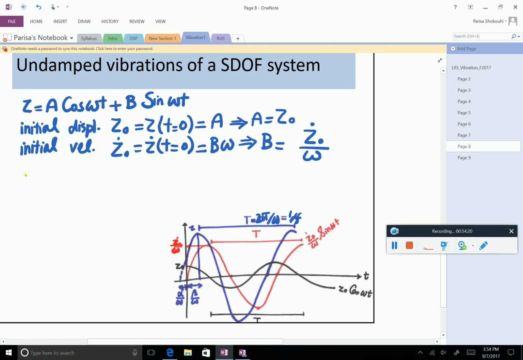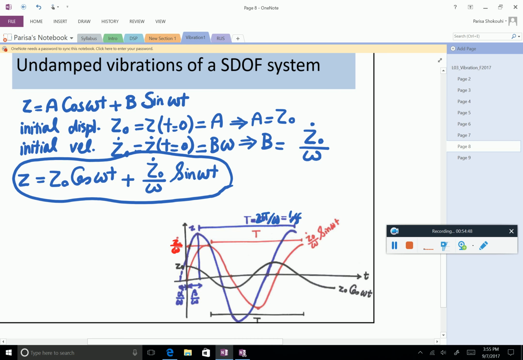So this response becomes initial displacement times cosine omega t. That's very interesting. Plus the initial velocity over the natural angular frequency of the system times sine omega t.